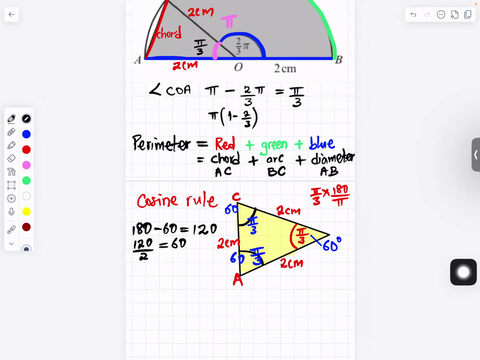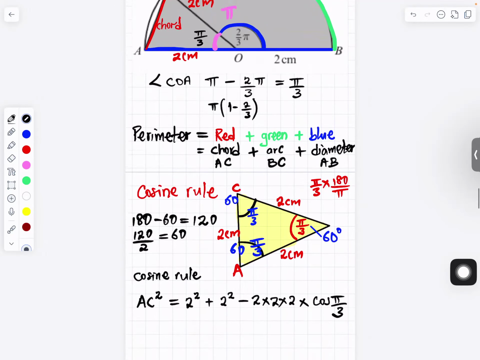So that means AC squared, if we were to use the cosine rule, AC squared is equal to 2 squared plus 2 squared minus 2 times 2 times 2 times cos pi over 3. Cos pi over 3 is a half. So AC squared is 2 squared, which is 4, plus 2 squared, which is 4.